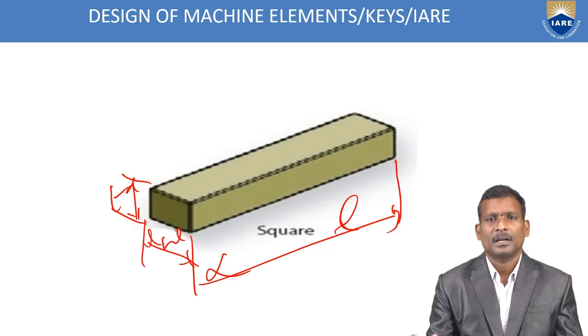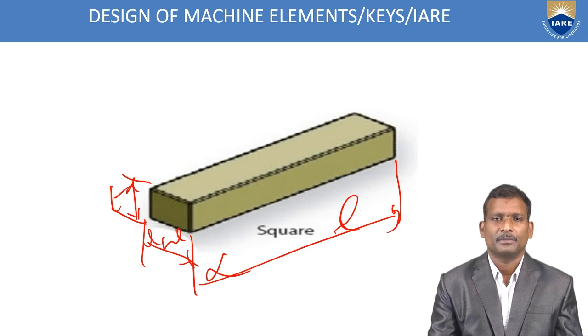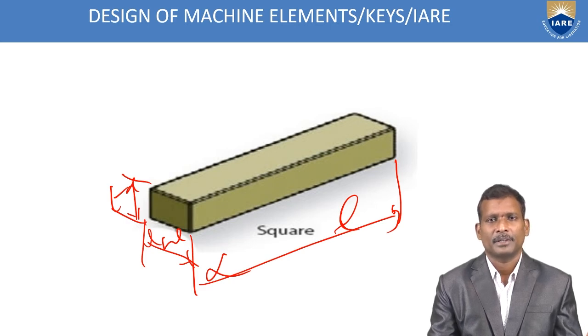So you can't dismantle, you can't separate these two, the hub and shaft element. So you have to replace the machine element and the shaft also. To avoid that, you have to use a key.